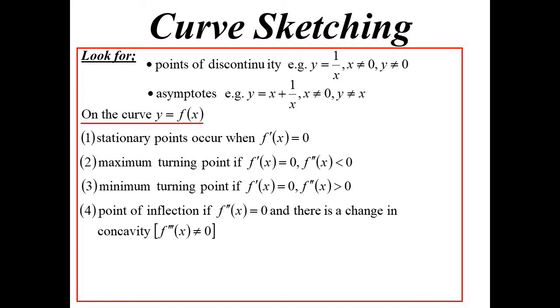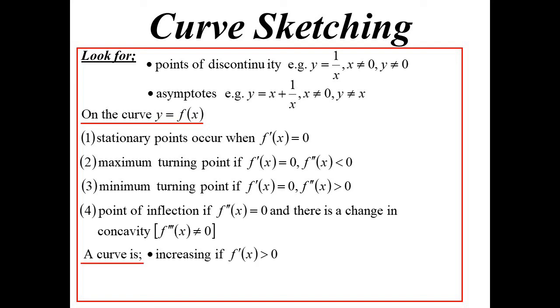And by the way, you can use the first derivative to determine if it's a point of inflection as well. Because if you've got a curve that goes increasing, stationary, increasing, it's got to be a horizontal point of inflection. It's the only thing it could be. So you can use the first derivative to find inflection points as well.